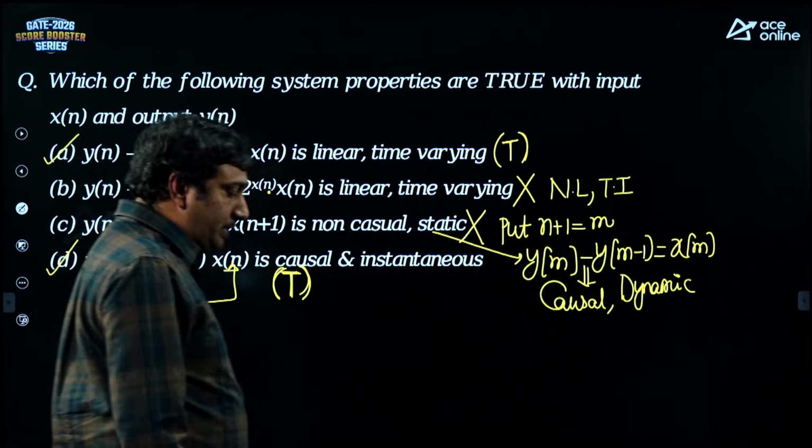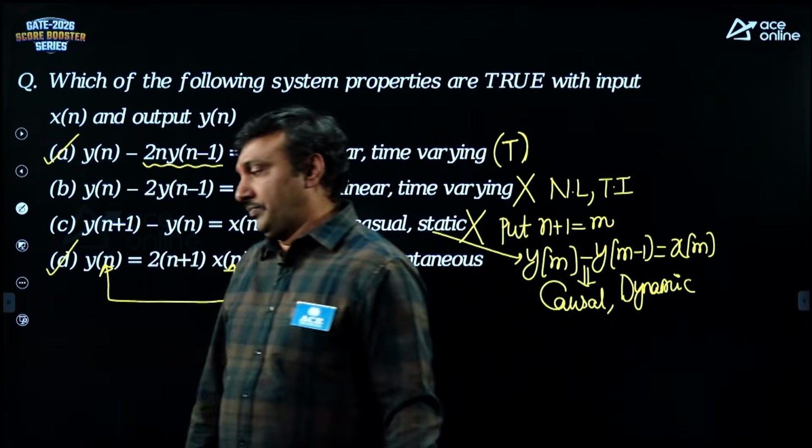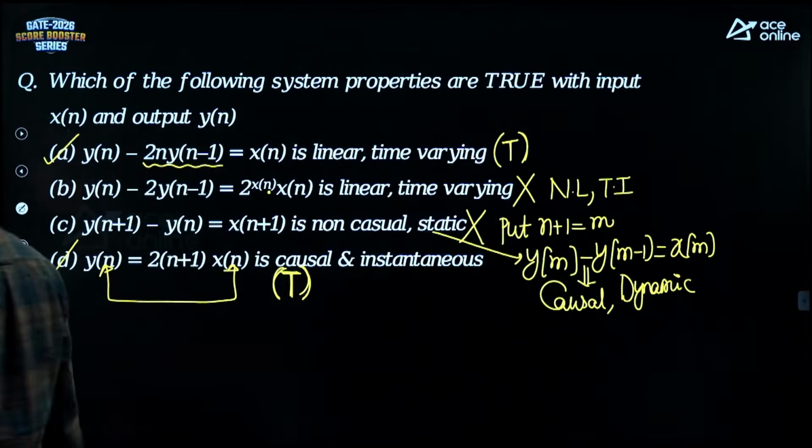If you are choosing your instant like n, and it depends on n plus 1, n plus 2, it is a non-causal system. Present output depending on future instants.